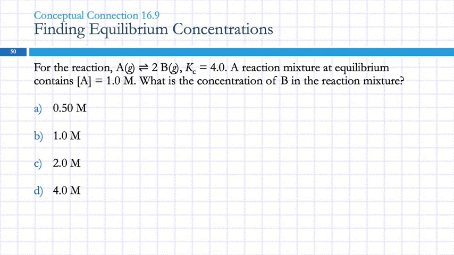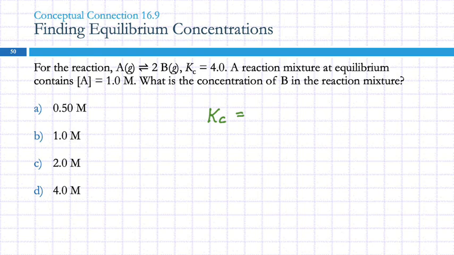For this reaction, A going to 2B, Kc is 4. A reaction mixture at equilibrium contains a concentration of A that's equal to 1 molar. What's the concentration of B in the reaction mixture? We don't need a calculator for this one, but we may need to think about math a little bit. What's the equilibrium constant expression for this chemical reaction?